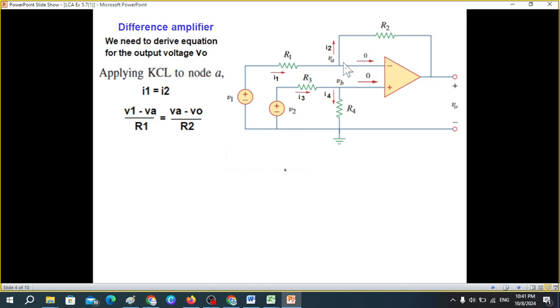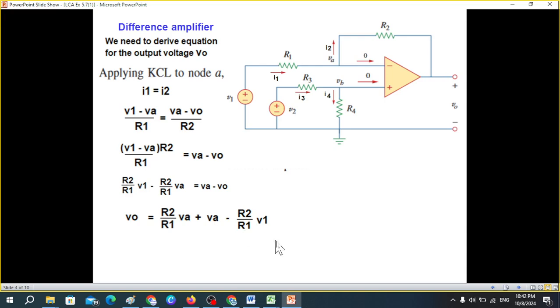In the second case, the current is flowing from VA to V out, so (VA minus V out) divided by the resistance R2. We can manipulate this, moving R2 to this side and arranging the terms, collecting like terms and further taking common. So this is one of the equations that we are getting from node A.